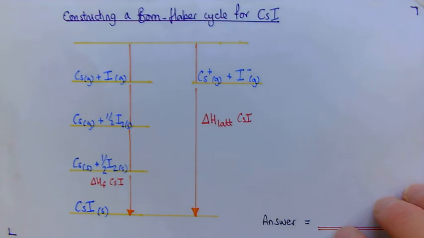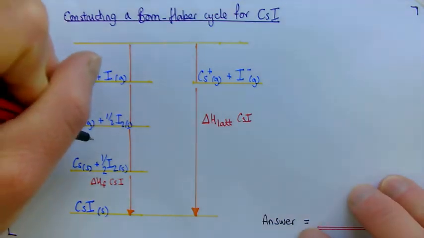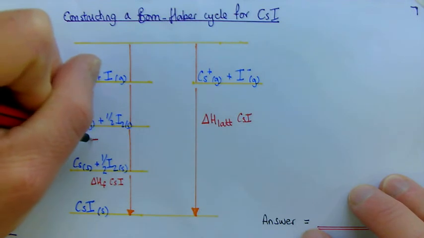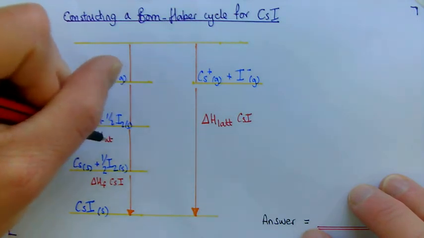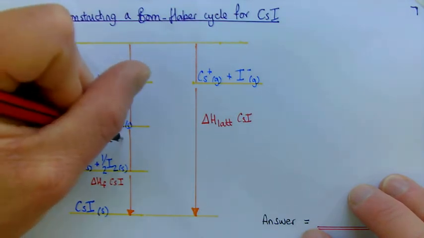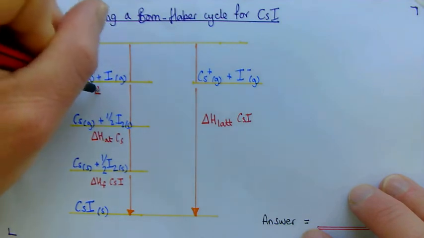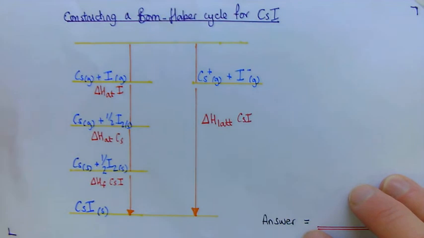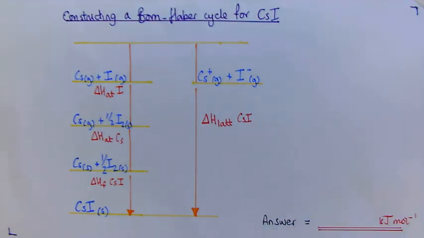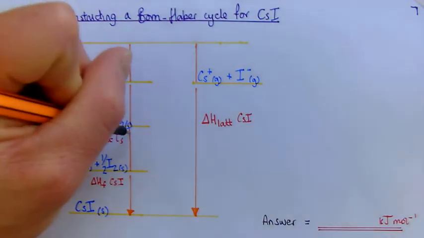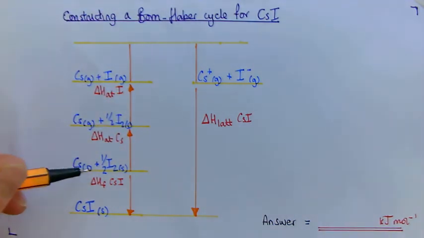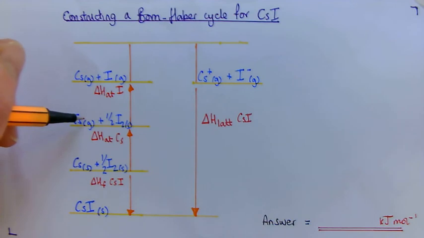So let's fill in some labels so that you can see. This energy change here is the delta H of atomization of cesium. This is the delta H of atomization of iodine, and these changes, the arrows point upwards. So you're going from there to there, from there to there.